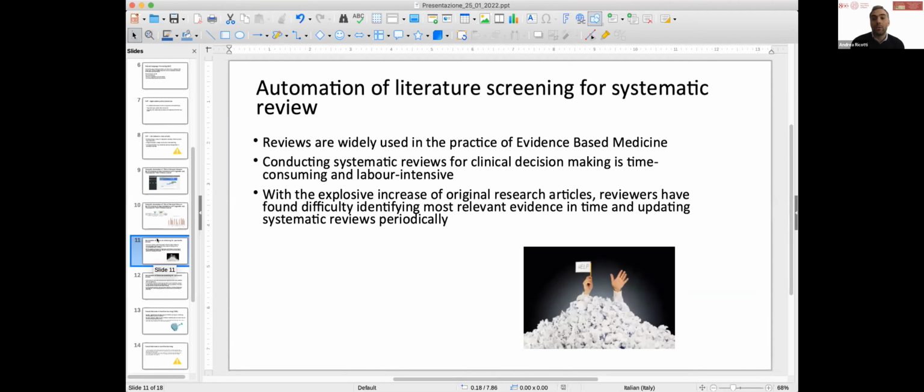Conducting systematic review for clinical decision making is time-consuming and labor-intensive, and with the big amount of articles that increase every day, it is very difficult to update systematic reviews periodically.